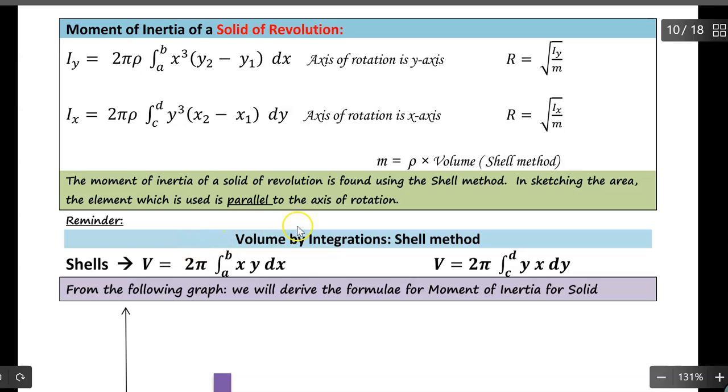Alright, so I have the formulas here to remind everyone about the shell method. With the shell method, this is your vertical element, which is dx. You have to take x times y, where y is a function in terms of x. And if the axis of rotation is the x-axis, then your element could be horizontal, which is parallel to the x-axis.